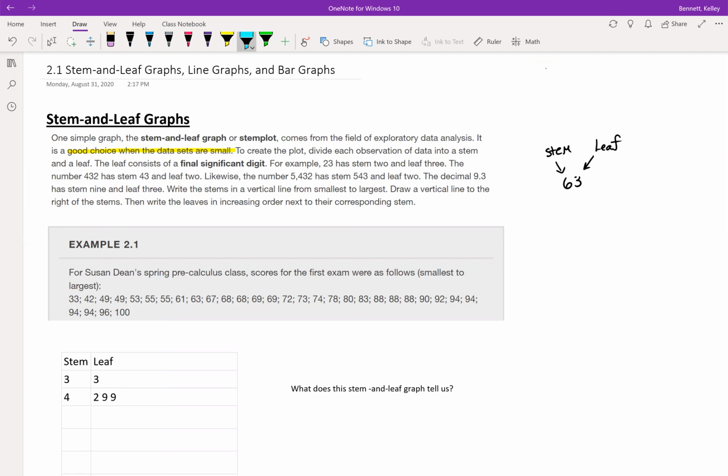Just like as given in this example, if we had the number 432, 43 would be our stem, and 2 would be our leaf.